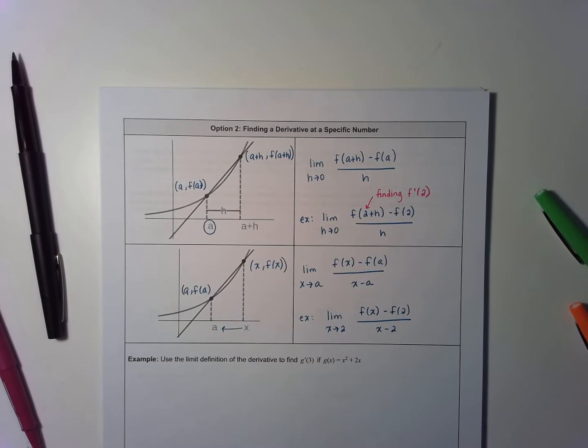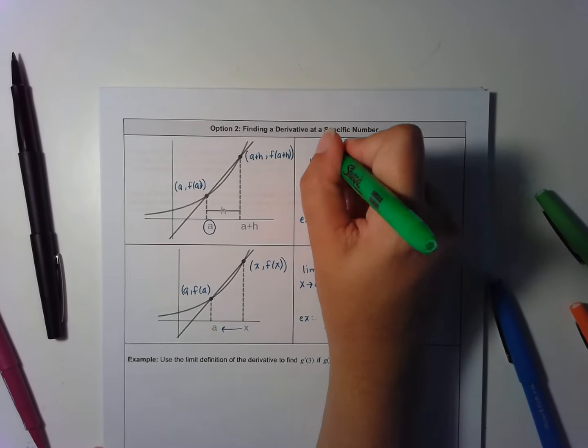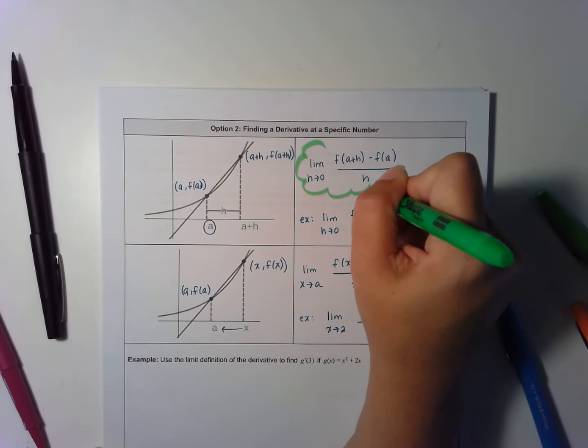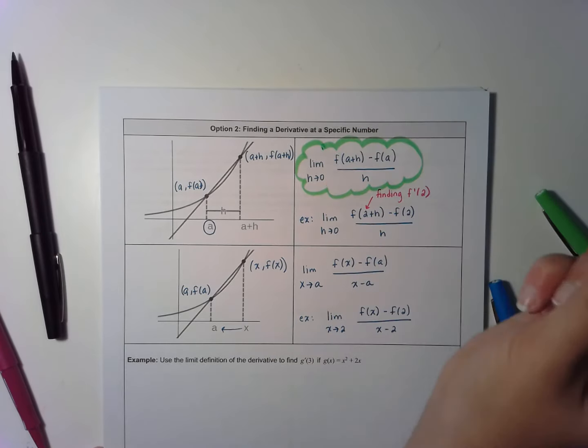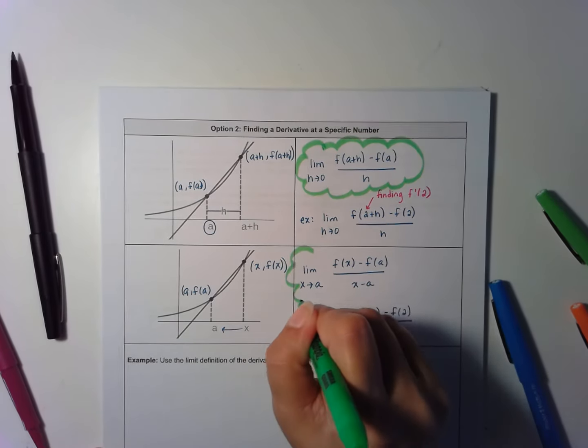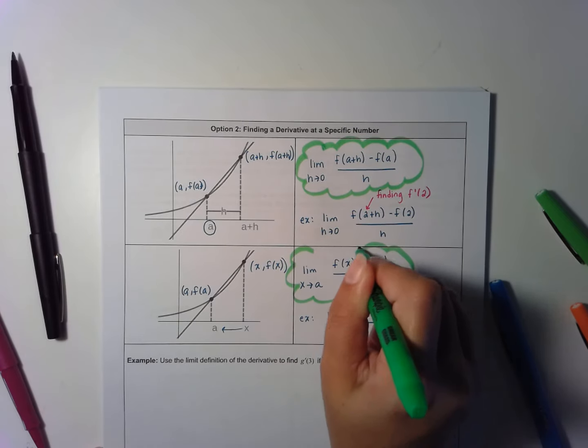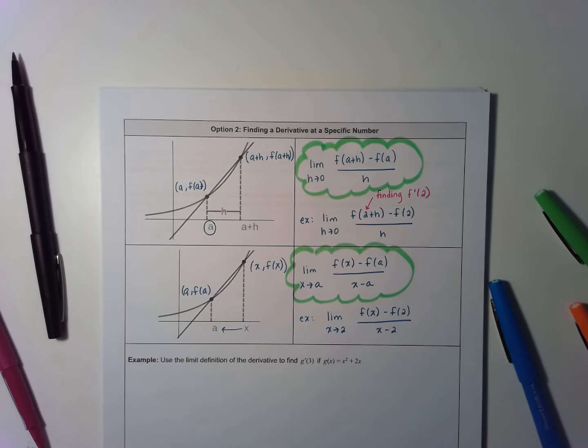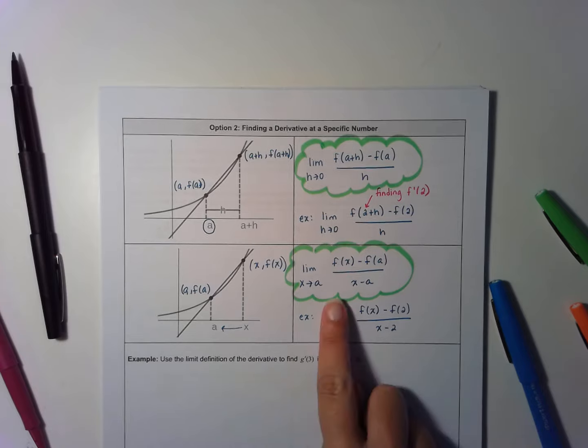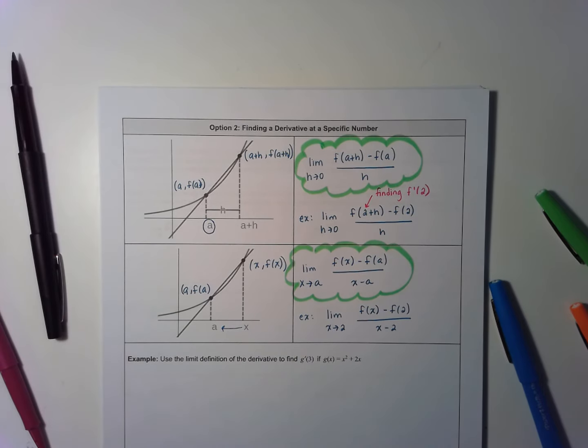Now, we could use the limit definition to find g prime of 3 if g of x is equal to x squared plus 2x. So we're going to choose one of these two options, either this option, which is our second way of representing a derivative using a limit, or this option, which is our third way. And I usually like to use this one when I can because it's just a little bit simpler.